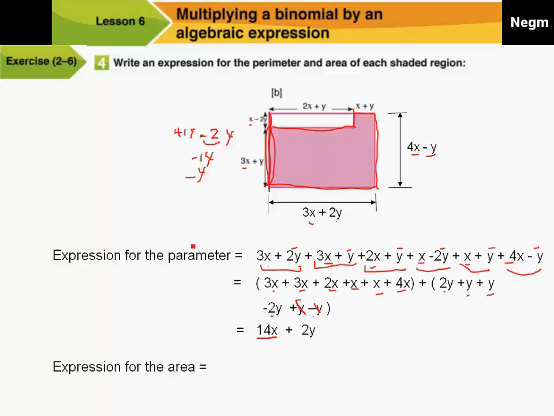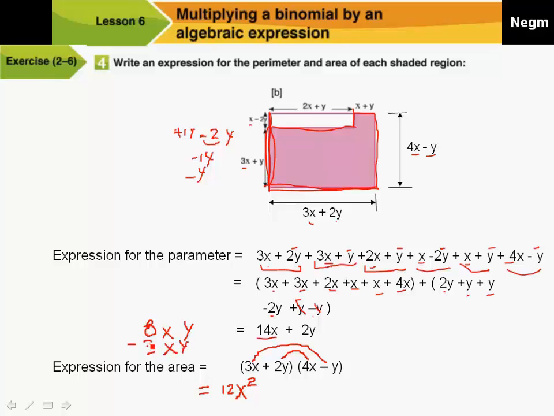This is the expression of the perimeter. And for the expression of the area, we have to multiply 3x plus 2y times 4x minus y. If you multiply this, 3x times 4x is 12x squared, 2y times 4x is equal to 8xy with the plus sign, and 3x multiplied by minus y is minus 3xy.